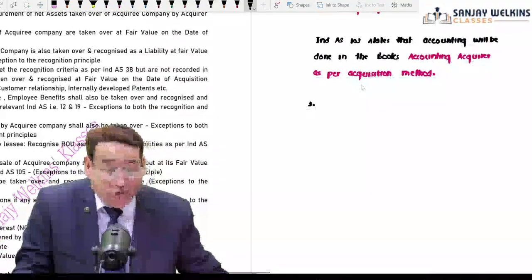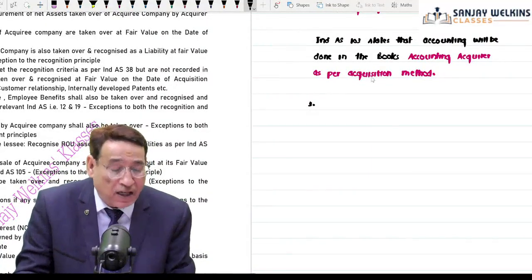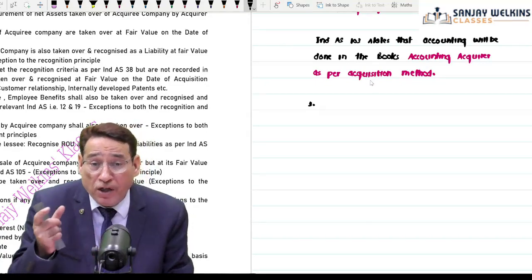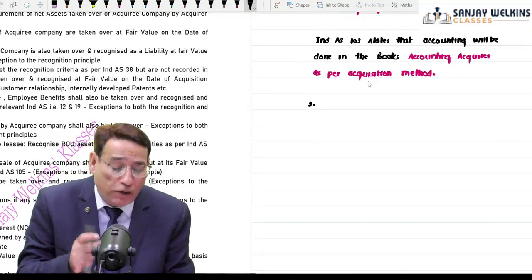But the standard says that accounting will be done in the books of accounting acquirer. Actually, there is a difference between legal acquirer and accounting acquirer. We will talk about that.